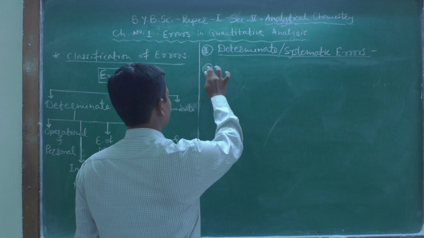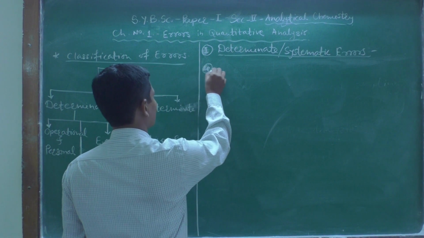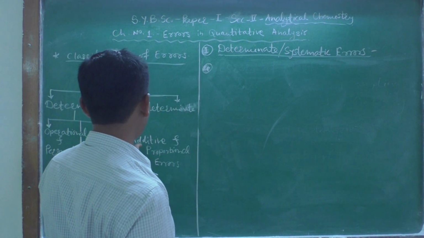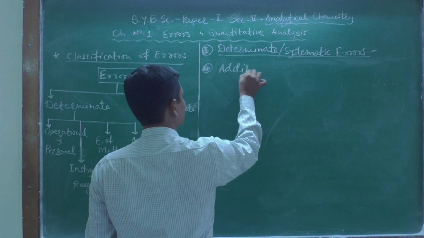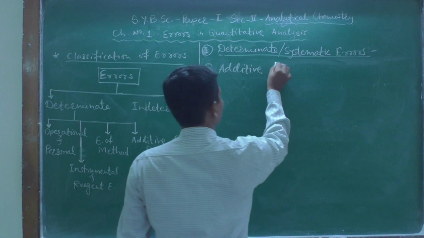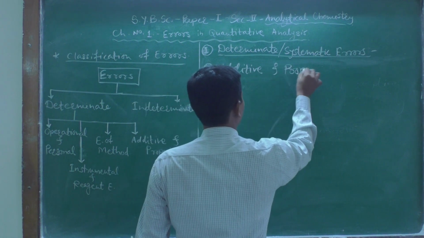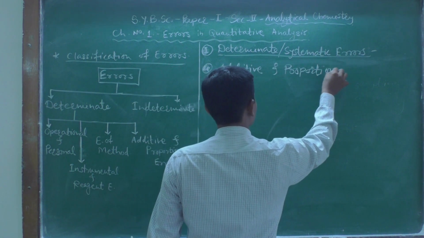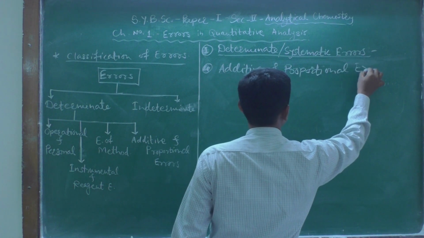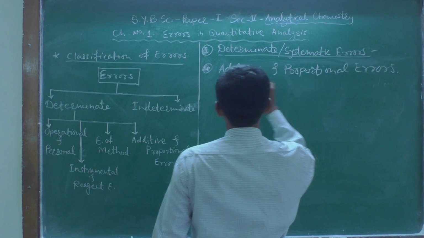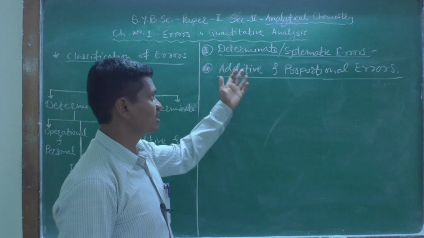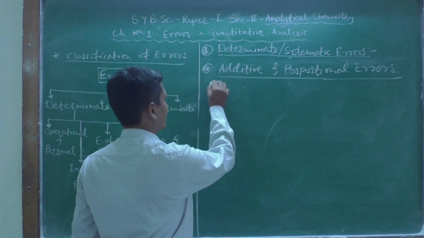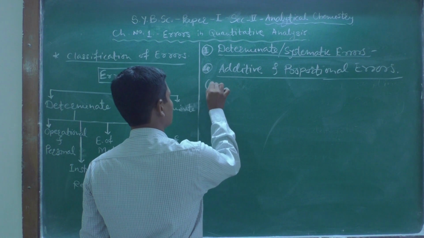Then the fourth one, the last one, is the additive and proportional errors. So what is this?